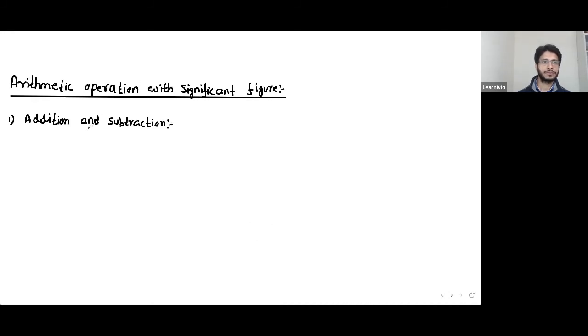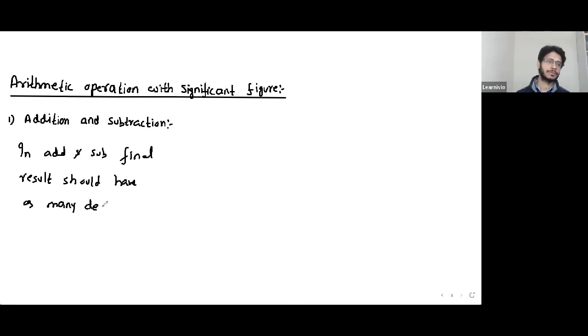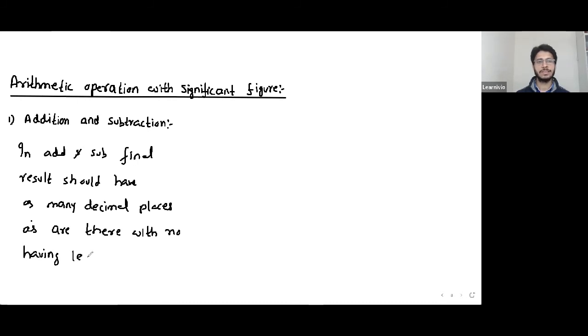So the rule says in addition and subtraction, the final result should have as many decimal places as are there in the number having the least decimal places.